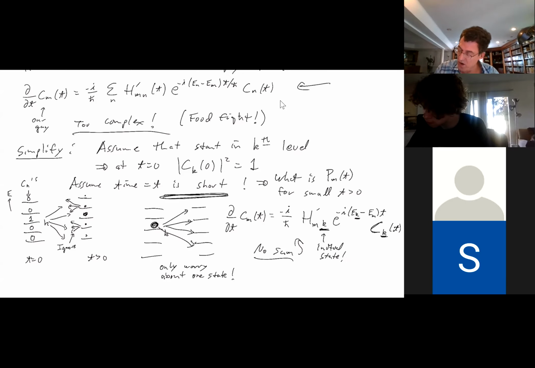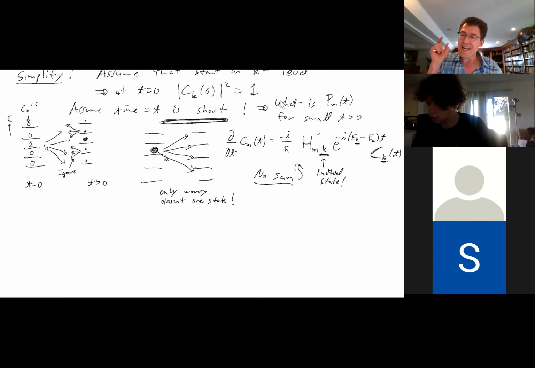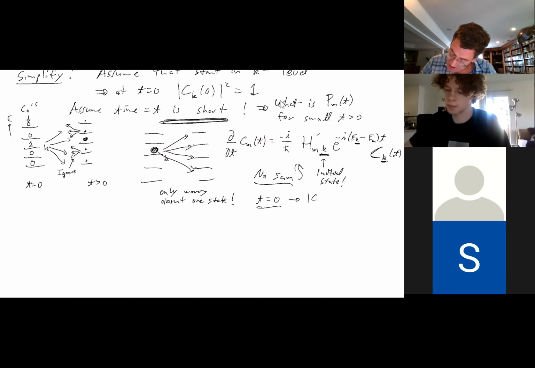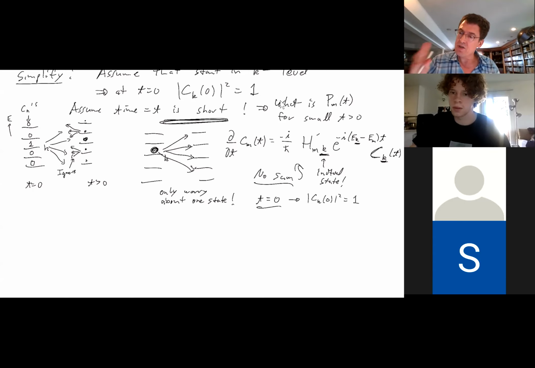And furthermore, I'm going to make another assumption, which is that at t equals 0, I know that c_k of t squared is equal to what? Somebody tell me? 1. That's right, because all my amplitude is in that initial state at time t equals 0.